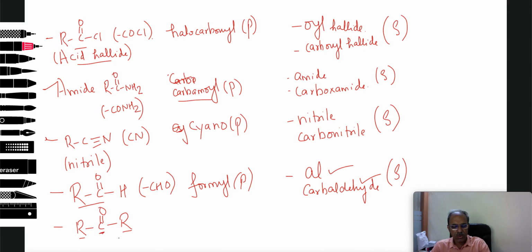You can also write it as C double bond O. This is known as ketone.